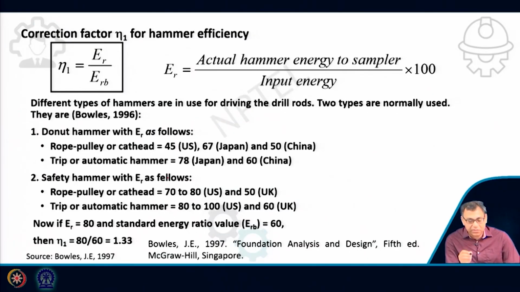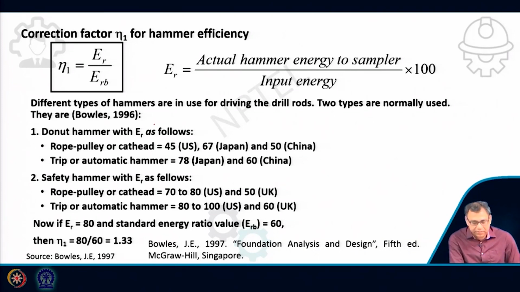That means I want to represent it at, say, 60% hammer efficiency, but in the field you have applied 80%. So that applied 80% is ER, and ERB is the energy value at which I want to represent the N value. Okay, so you can see if you use a different hammer, then the ER value will be different.